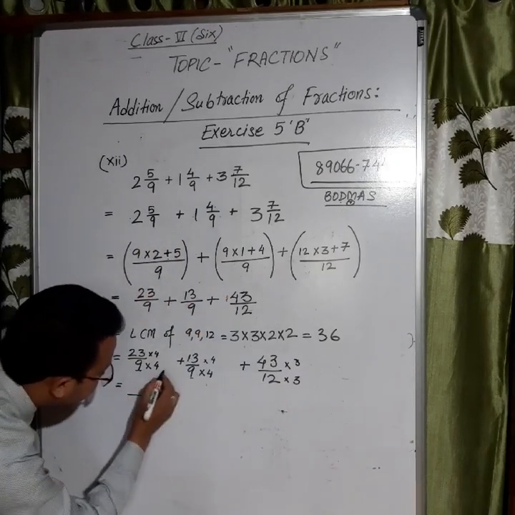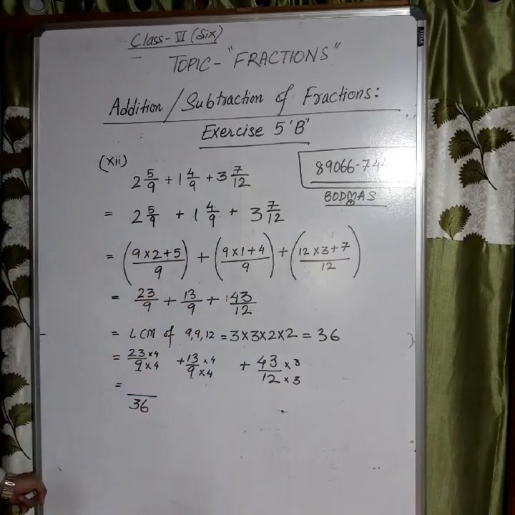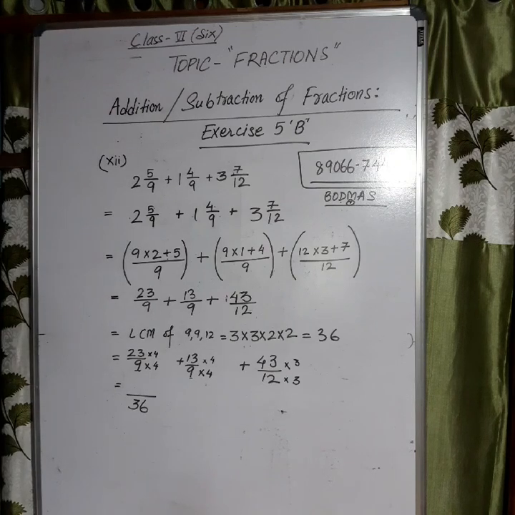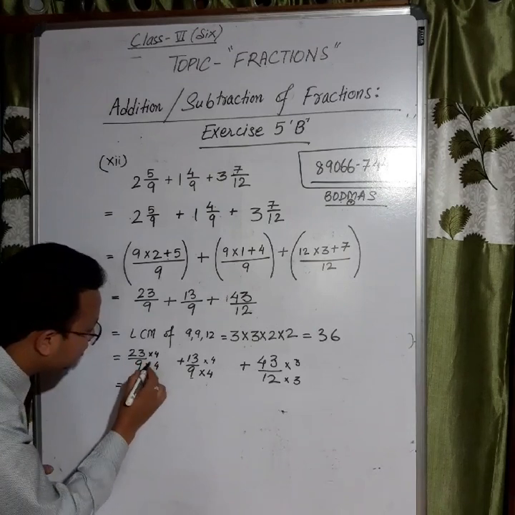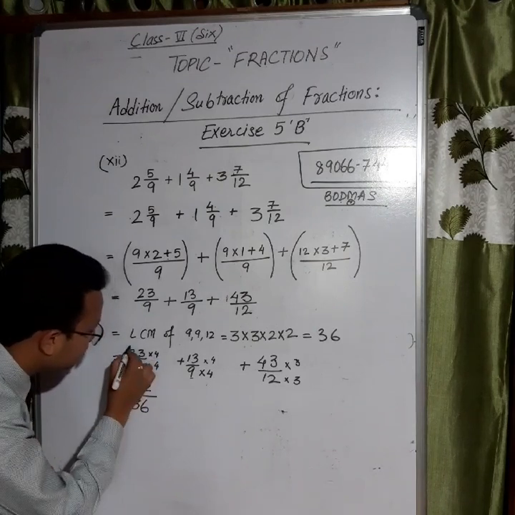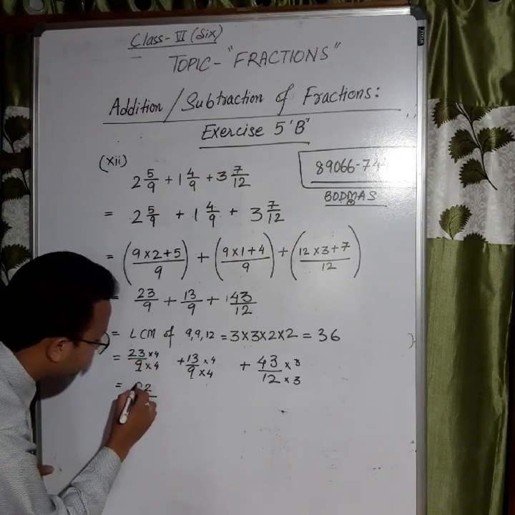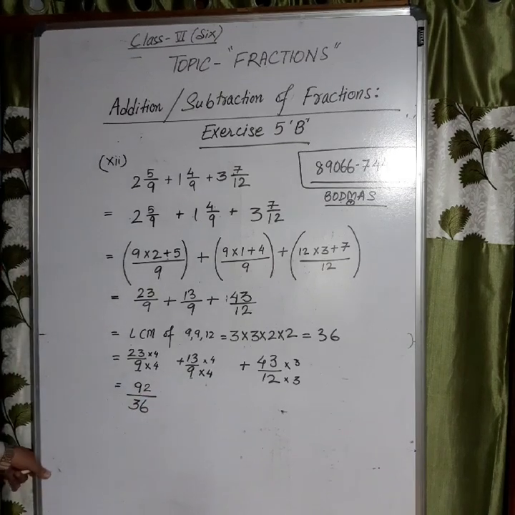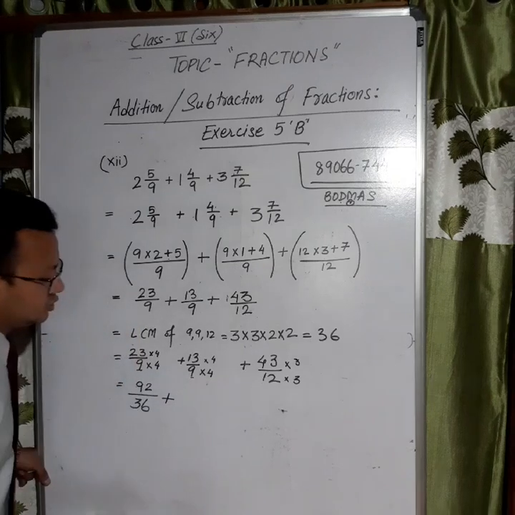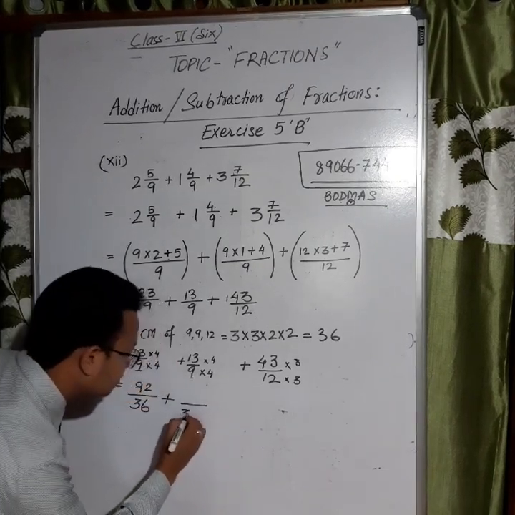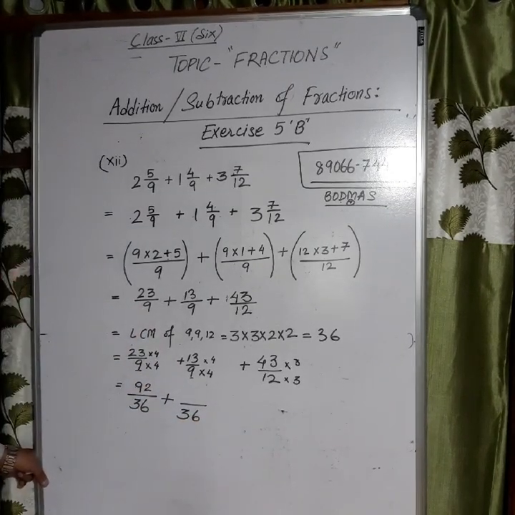So now 9 4s are 36. Alright. And 23 into 4 into 2, 4 3s are 12. 4 2s are 8. Plus 1 is 9. Plus 9 4s are 36.